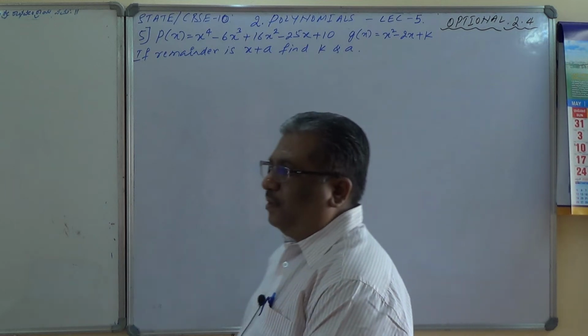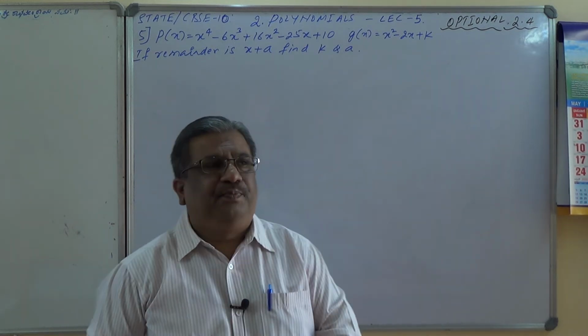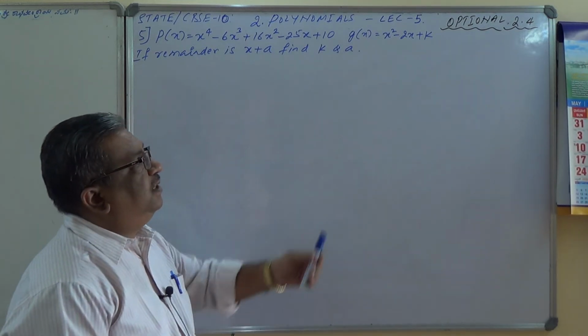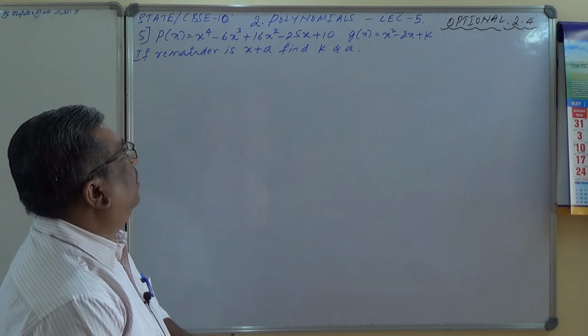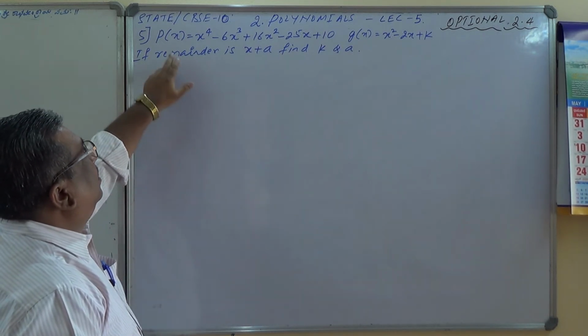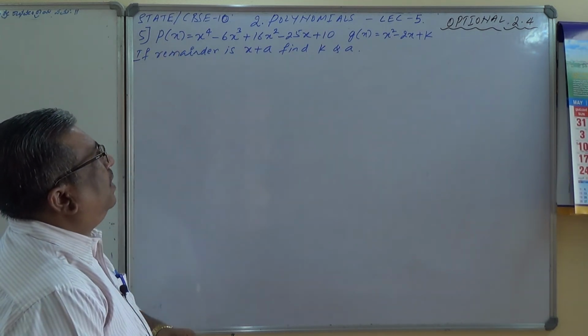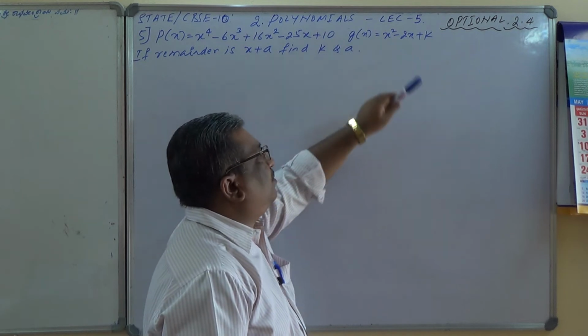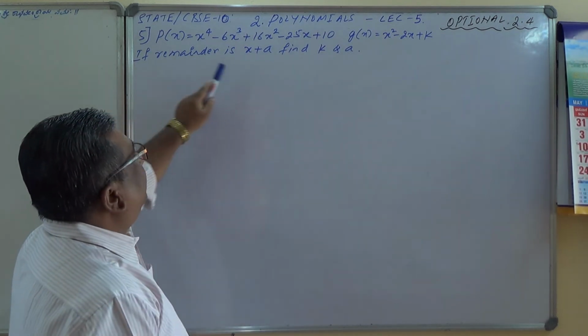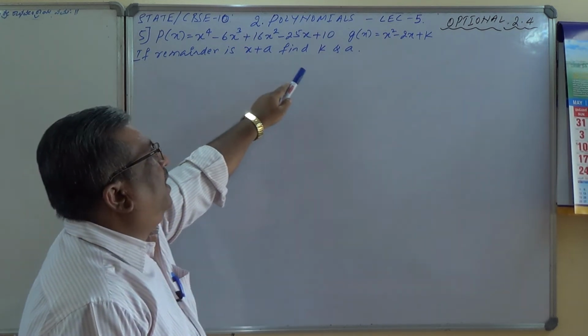Let us have a look at some optional numericals. Optional exercise 2.4. In that, given is a p of x and g of x is x square minus 2x plus k. If the remainder is x plus a, find the value of k and a.